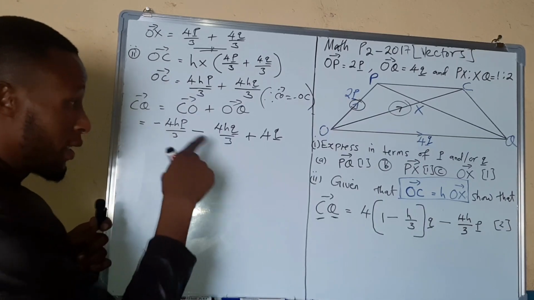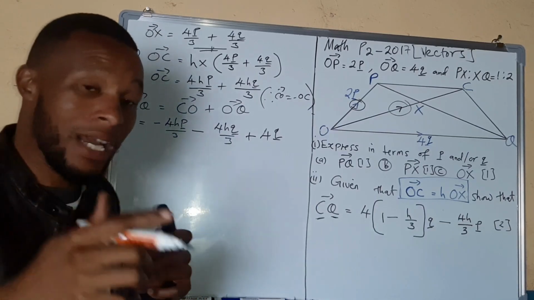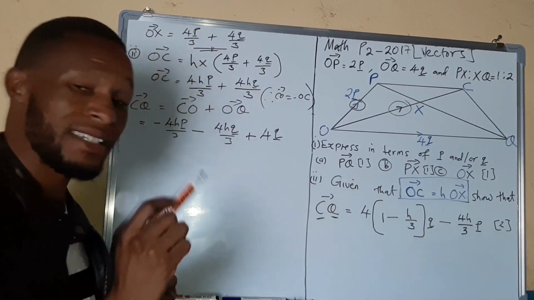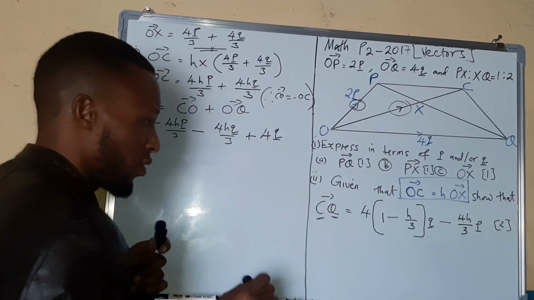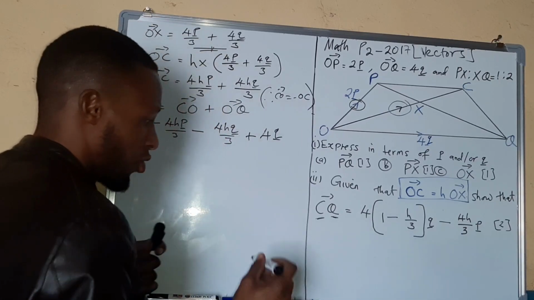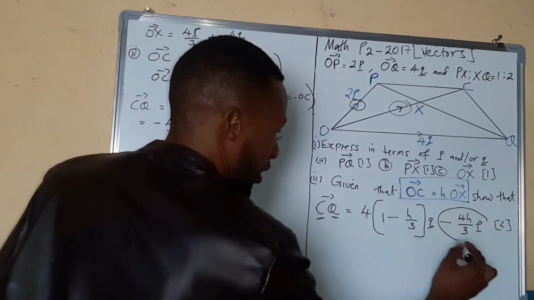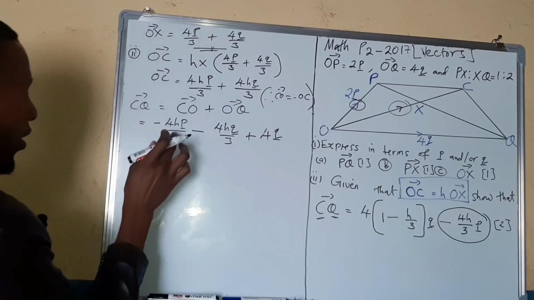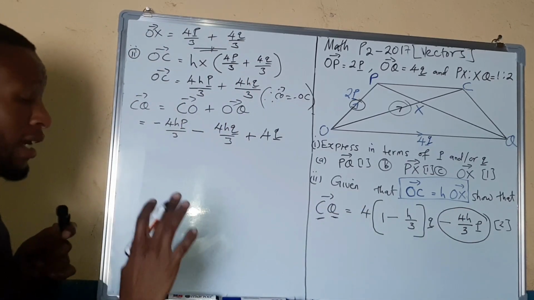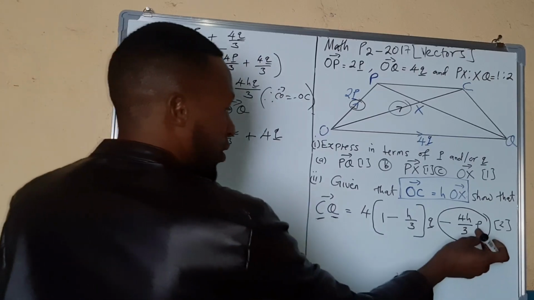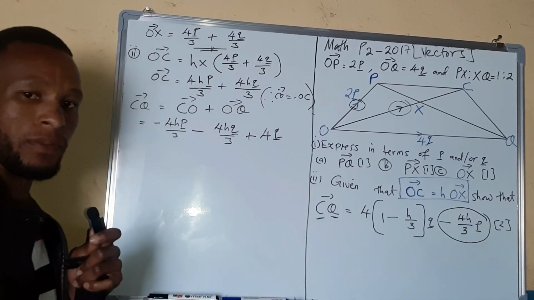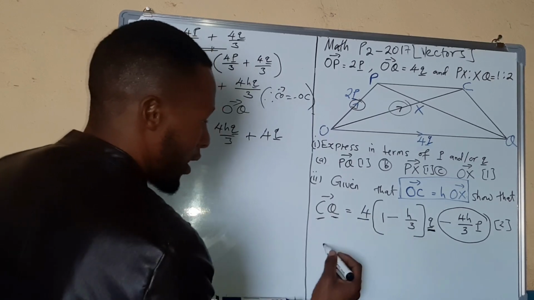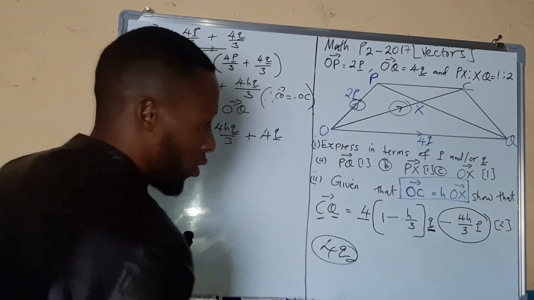Remember, I can do it in whichever way I feel like. But now the question is saying we are showing, so we are supposed to follow exactly what we are seeing. Let us first begin by checking. There's a quantity that has not been touched, the negative 4H over 3 P. This quantity has not been touched apart from just bringing the P in vulgar form. Then when you look at this, the 4 and the Q were common. The 4Q is common.